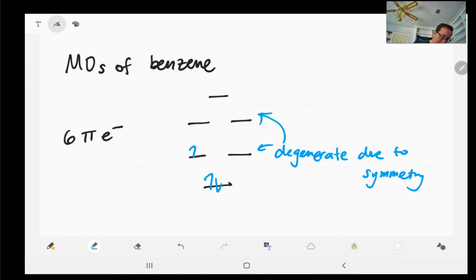Normally, of course, we'll fill them. And we're going to see that all of these will be lower in energy than we would have before.